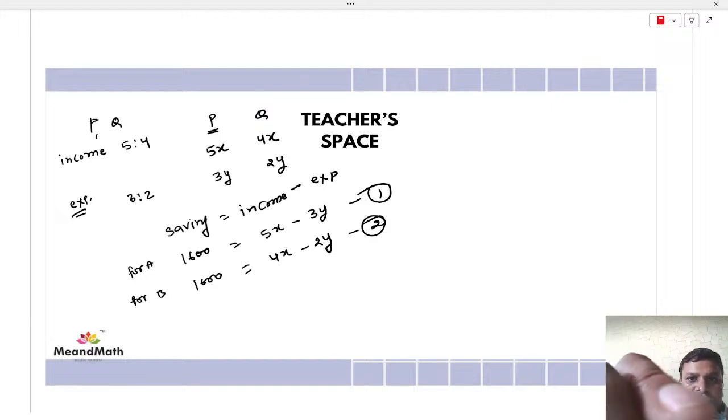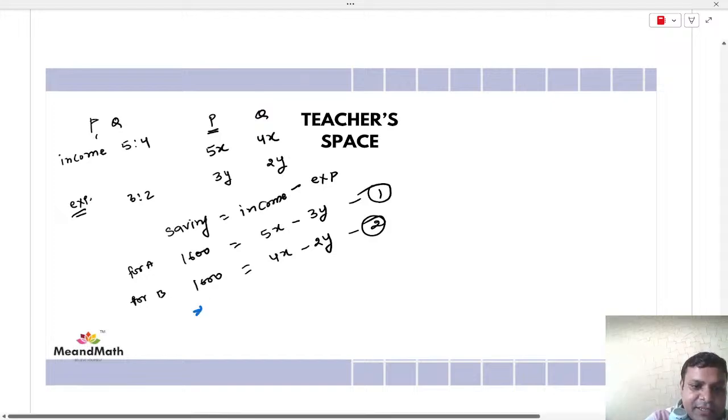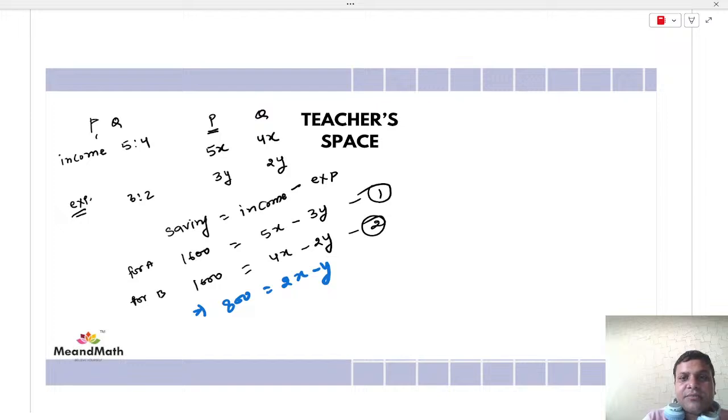Now, for this solution, we can simplify it: 800 is equal to 2x minus y. Okay, now we can use the elimination method.